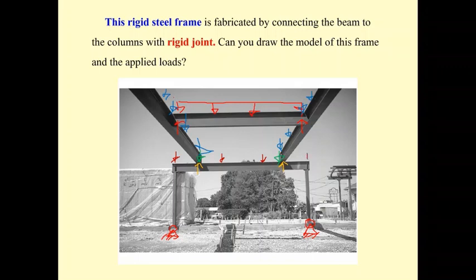And you can see the model of analysis of this frame can be created easily, and then all the forces will transfer to the support. Since these supports are pinned, this structure is statically indeterminate, unless you assume one of these supports is a roller.